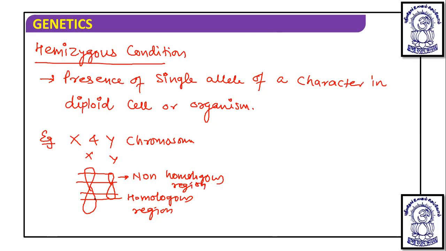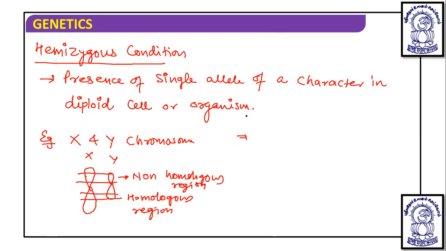So on the homologous region there is a pair of alleles, but in the non-homologous region, the genes which are present here and the genes which are present here are not coding for the same character; they are coding for different characters.